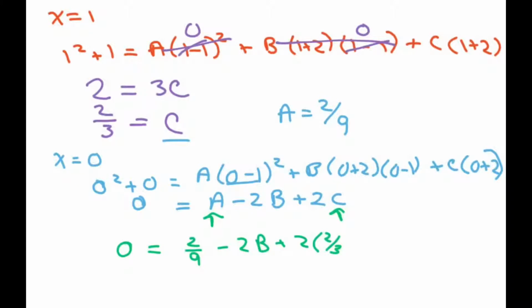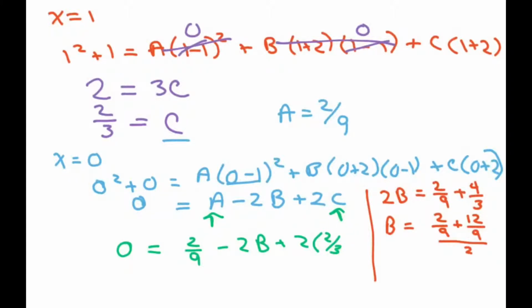And if I move the B over, adding 2B to both sides, I get 2B equals 2/9 plus 4/3. And I'll go ahead and write this as 12/9, so we can add it, then divide by 2. So therefore B is just going to be 7/9.